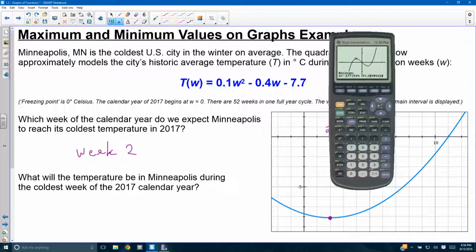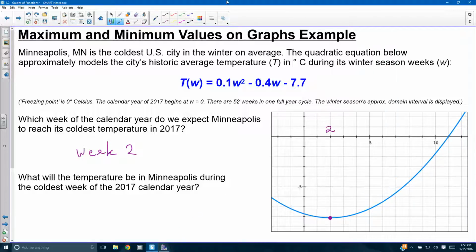Anyway, to go back to this problem here, let's say that you did know the value of x, or in this case w, when you are finding the minimum. So we know that it's week 2, and they say, okay, at week 2, what is its temperature? So you take t of 2. I forgot what the number was. I think it was negative 8.1.